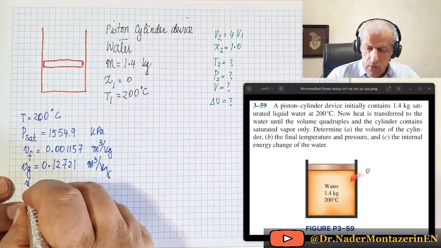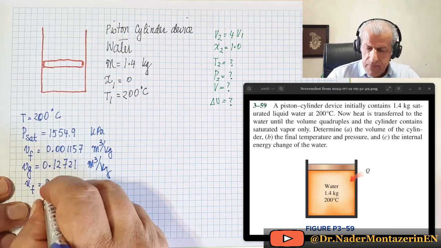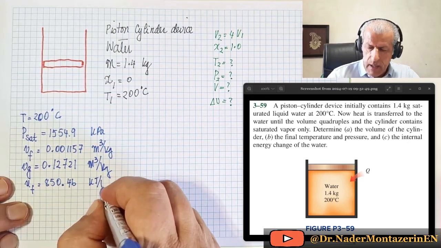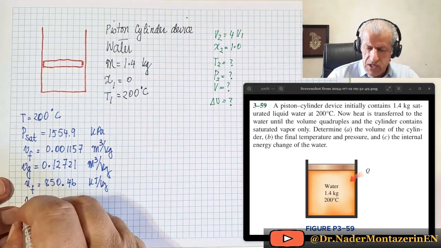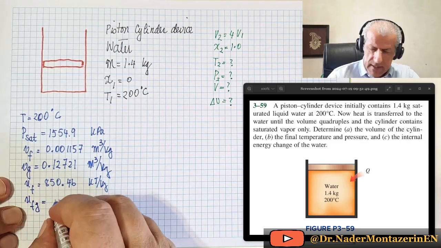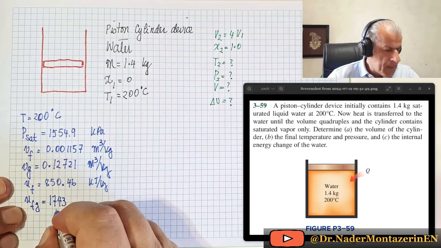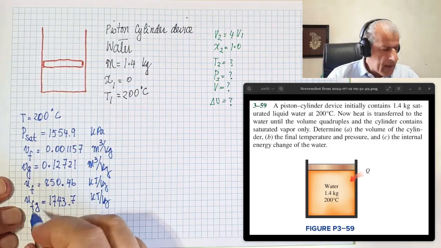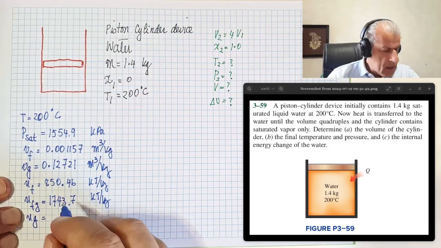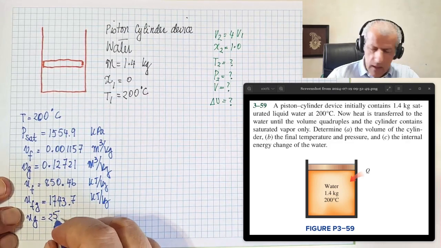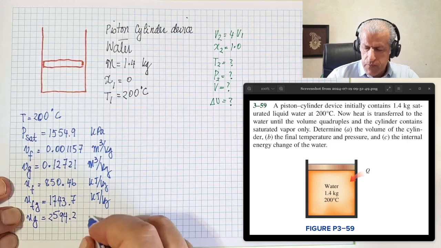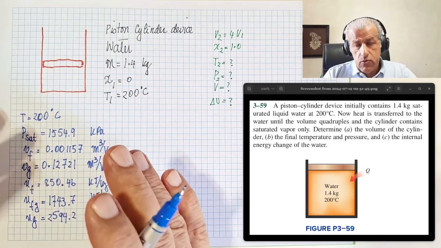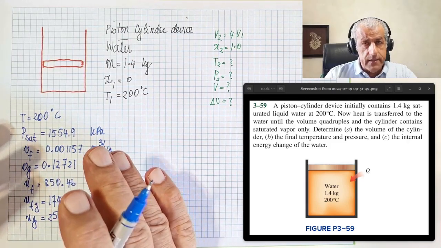So Uf is 850.46 kilojoules per kilogram, and Ufg equals 1743.7 kilojoules per kilogram, and Ug equals 2594.2 kilojoules per kilogram.